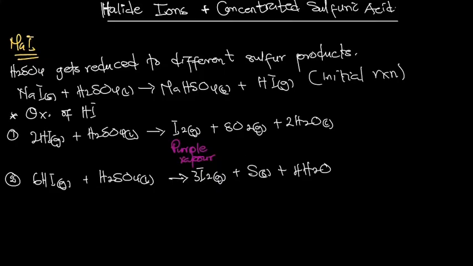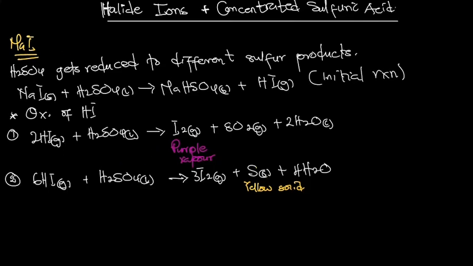All right. So the observation here is yellow crystal or yellow solid, which is an indication that sulfate anion gets reduced to sulfur.